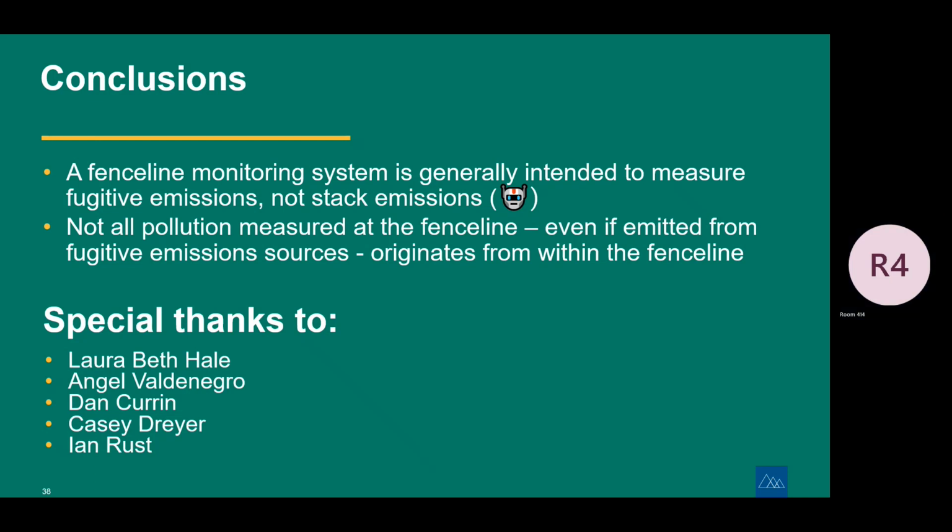So thank him. And then Dan, Casey, and Ian are all on my team and help me manage these programs on a day-to-day basis and generate the kind of quality data that allows us to put together these sorts of analyses. So thanks to them.